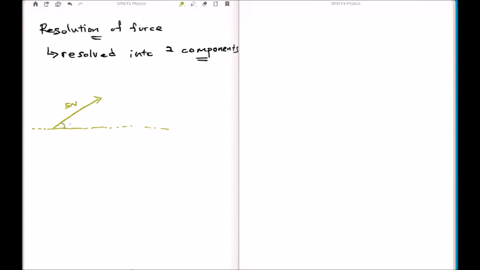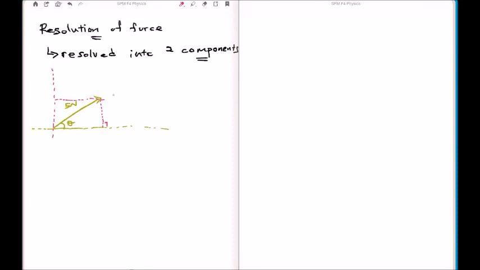making an angle theta from the horizon. Now, this is neither horizontal nor vertical. In order to resolve into two components, what you need to do is drop a perpendicular line down to the horizontal, as well as a parallel horizontal line. Draw two lines on it.